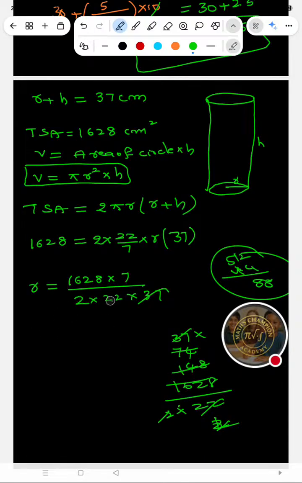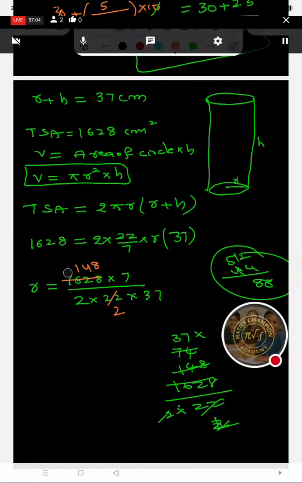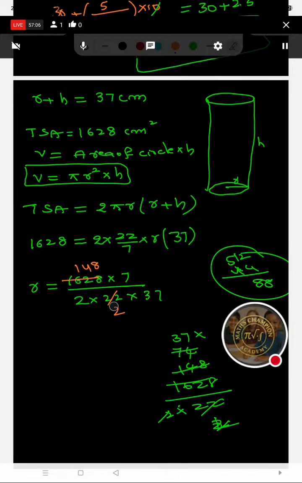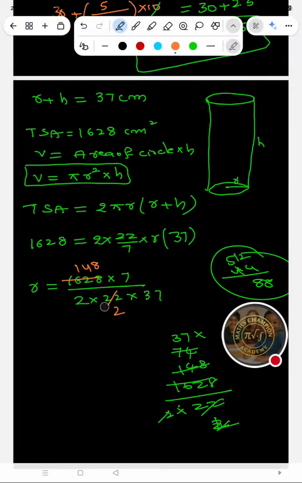Look, if you do cancellation here, 11 2s are 22, do cancellation with very care. 11 1s are 11, 4 8, you will get here if you do cancellation. Okay, again do with the 2 table only. Here this 2 ones are 2, 74. Again do with that: 2 ones are 2, 37. Here 37 is there.